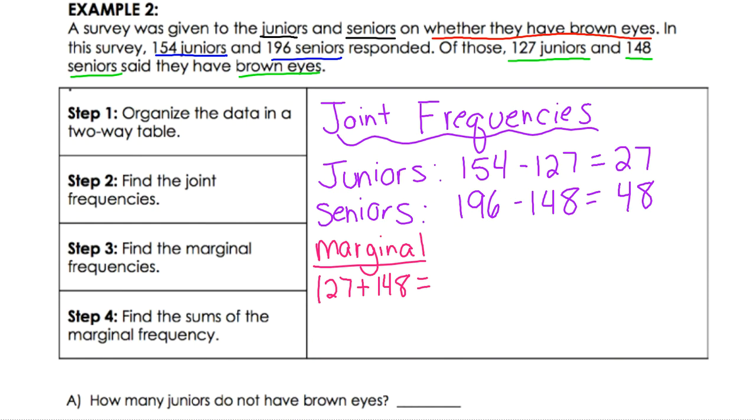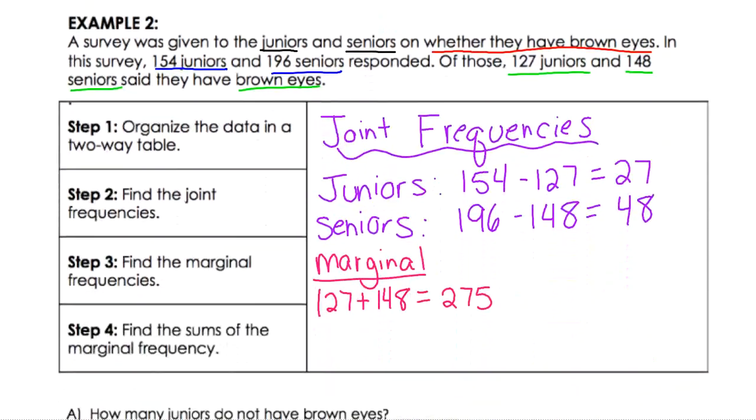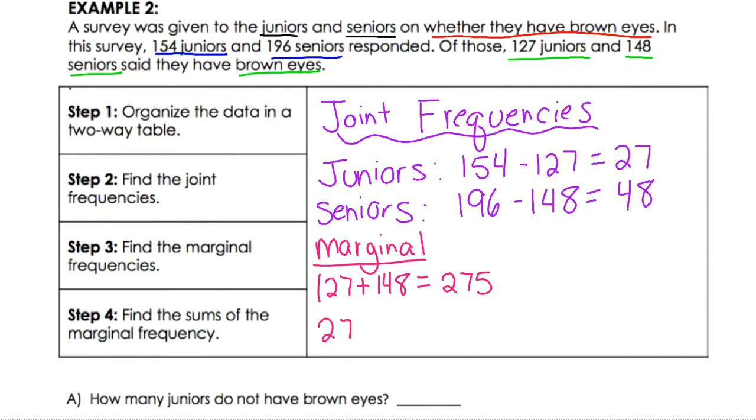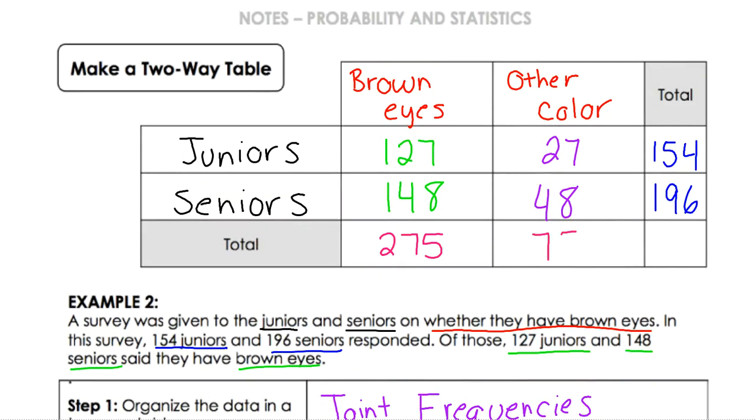When I add those together, I get 275 for the total of brown eyes. And for other color, I'm going to add 27 and 48, and we get just 75. So 75 students had other colored eyes besides brown.